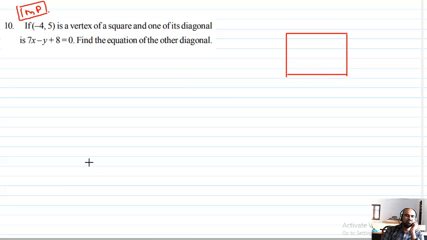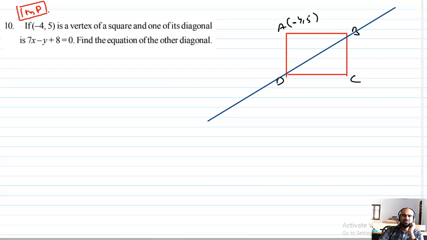Assume that ABCD is a square. For example, this is minus 4 comma 5. The equation of one diagonal is given: 7x minus y plus 8 equal to 0. Now we want to find the equation of the other diagonal, that is the AC diagonal.